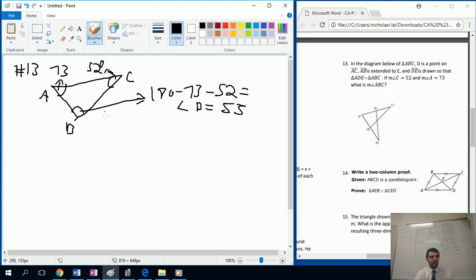Furthermore, we have point D right here, and that extends to point E and becomes this triangle as well. So E is equivalent to 52, but what's important is measure of ADE.